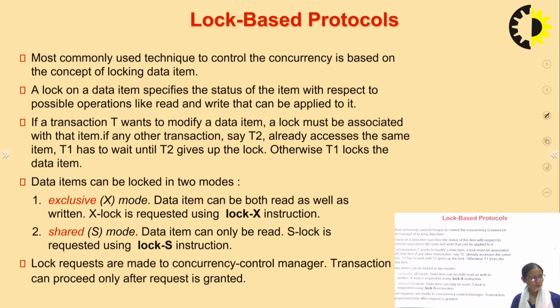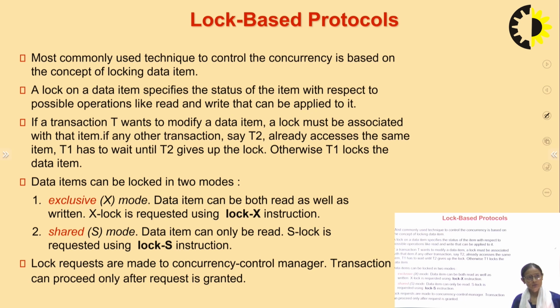When we are talking about locks, we have two modes, that is, the data item Q can be locked in two ways. One is your exclusive mode and another one is your shared mode.